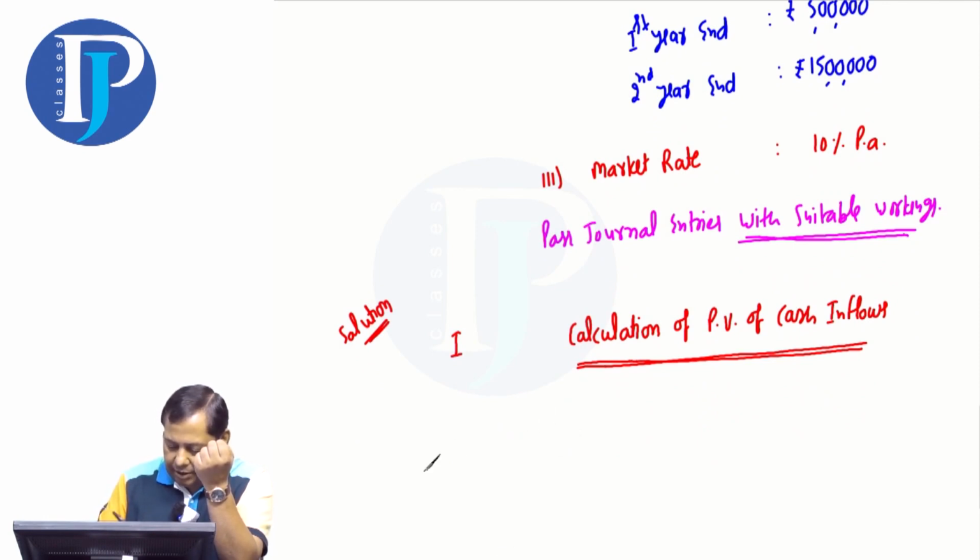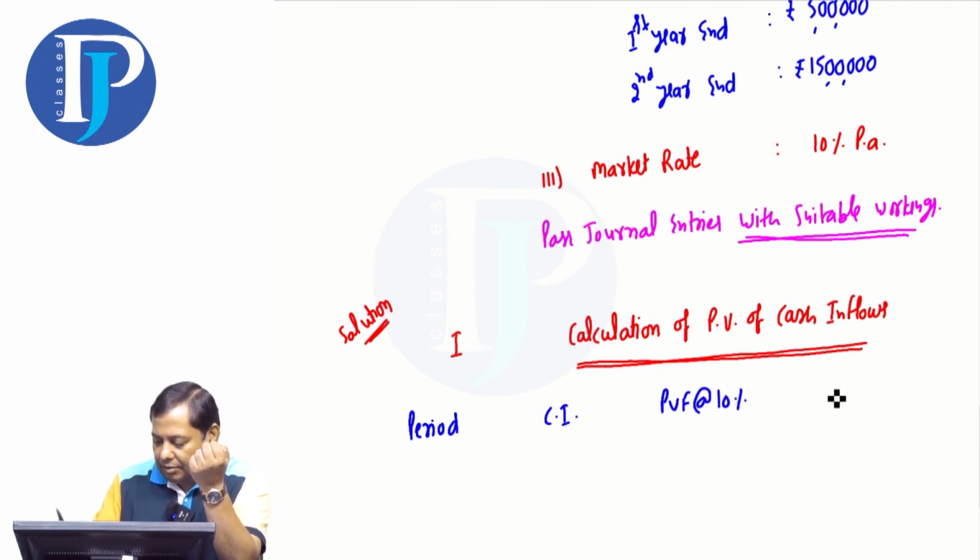The first column will be period. The second is of cash inflows. The third is the PV factor at a rate of 10%. Here we'll write present value.